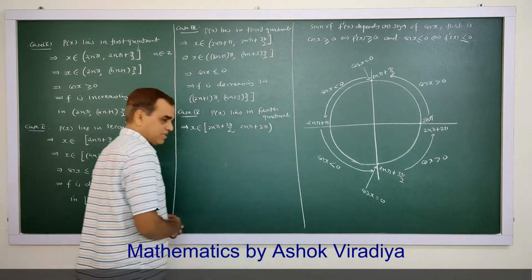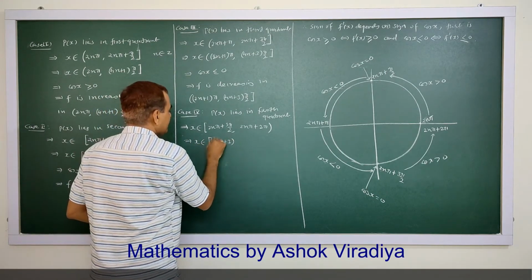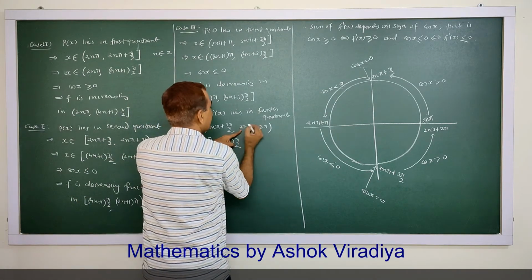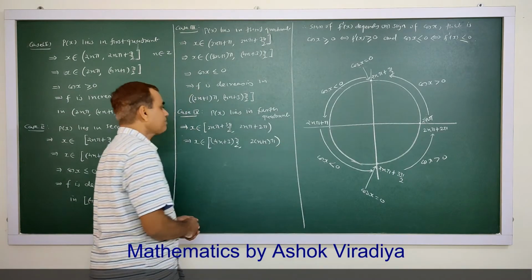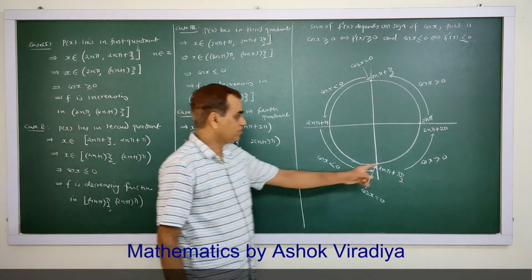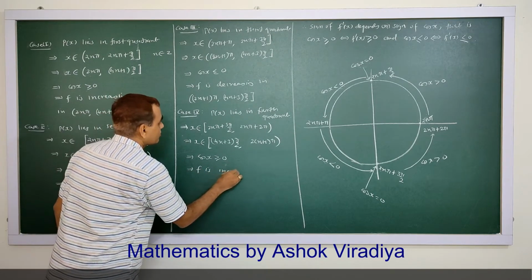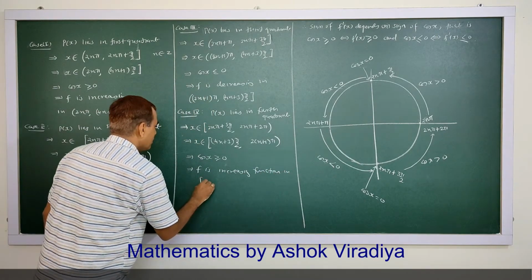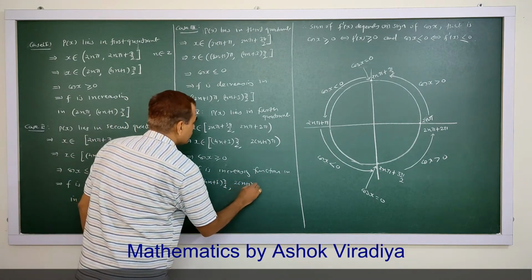So in this interval, (4n plus 3) times pi by 2, comma, 2 pi common, so 2 into (n plus 1) times pi, cos x is greater than or equal to 0, so the function is increasing in the interval (4n plus 3) times pi by 2, comma, 2 into (n plus 1) times pi.